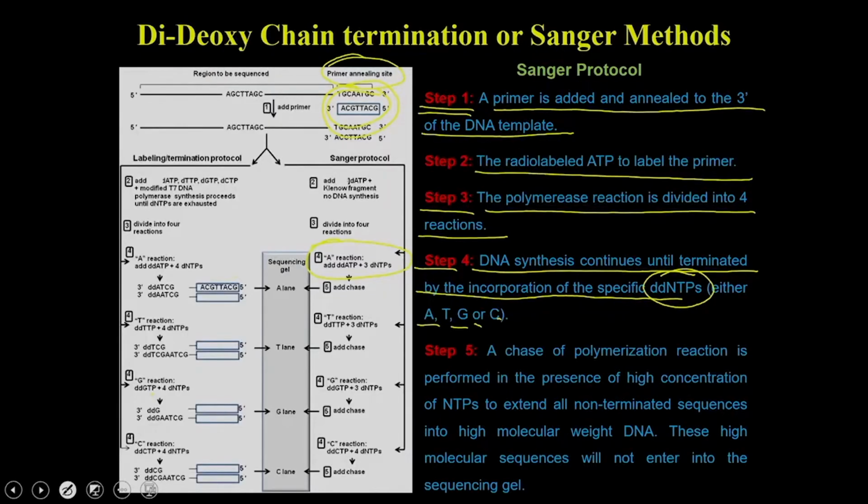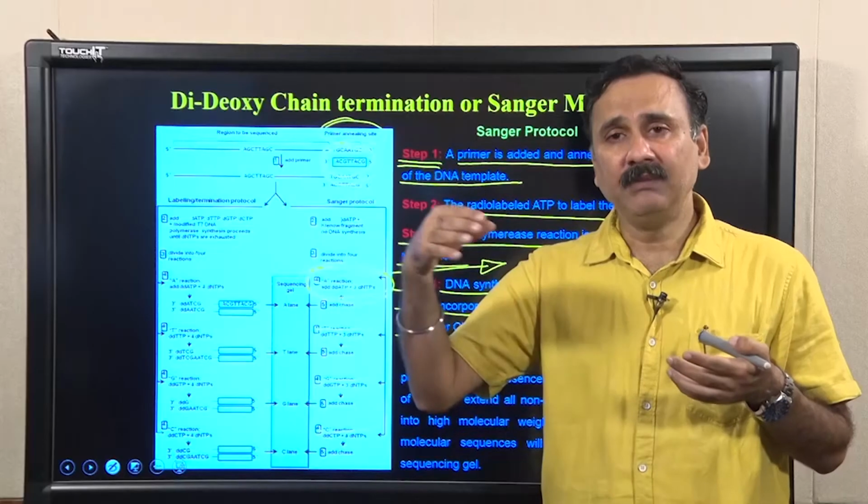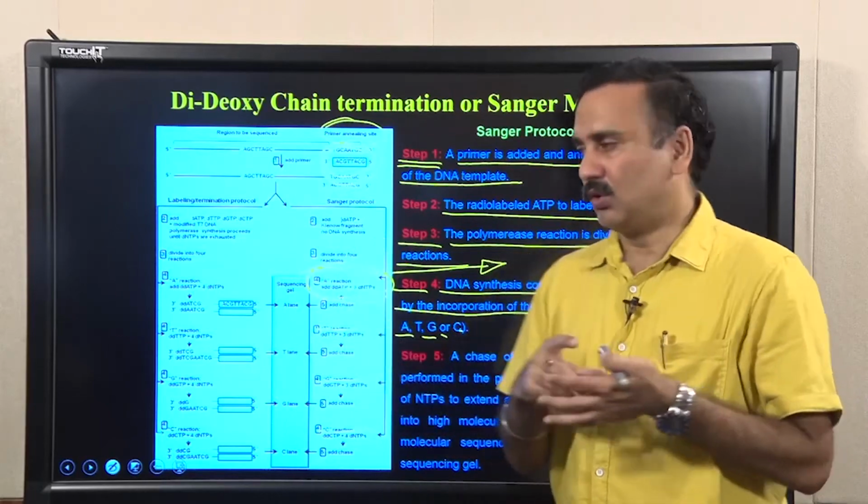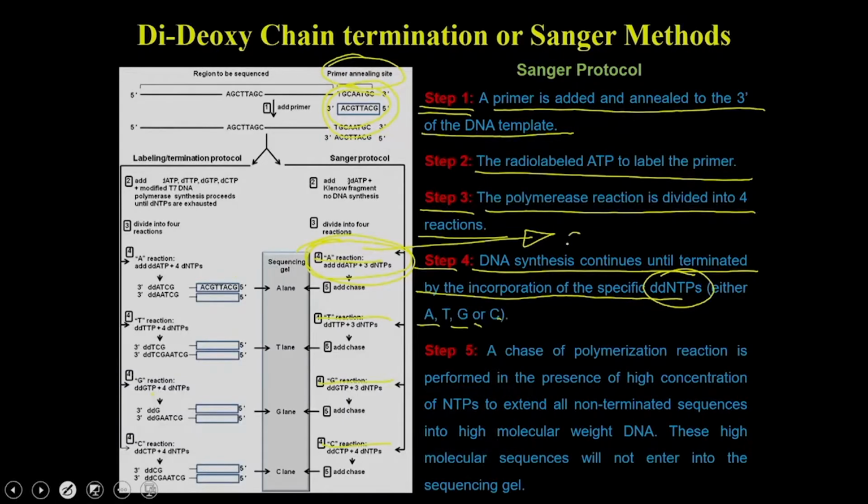You are going to divide into 4 parts: A reactions, T reactions, G reactions and C reactions, which means in the A reactions you are going to have all the nucleotides normal except that the A nucleotide is going to be replaced by the ddATP, the dideoxy adenine nucleotide, which means the A is going to be modified in the A reactions.